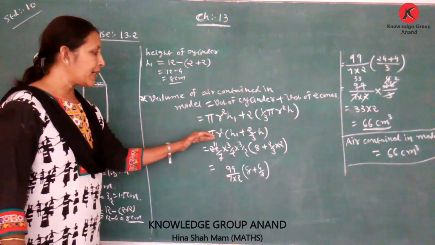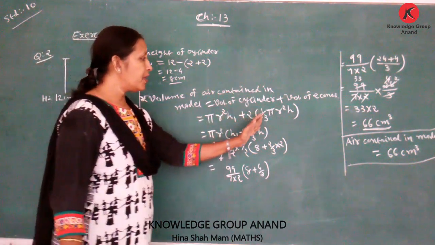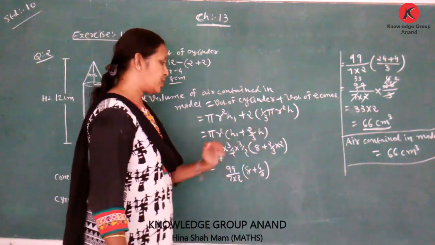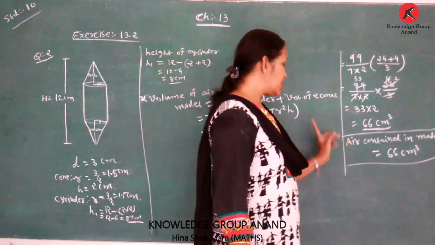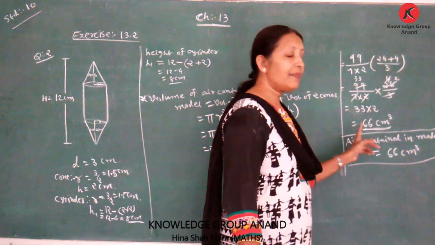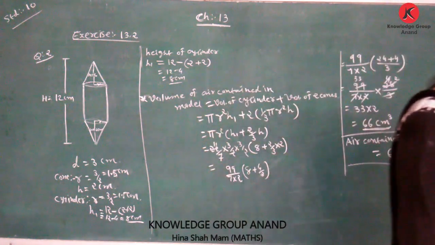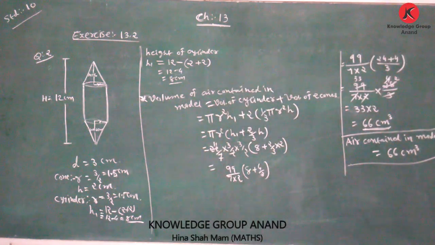Here the common part is pi r square, times h1 plus 2 by 3 h. Putting in the values and simplifying, we find the volume of air is equal to 66 centimeter cube, which is our answer.